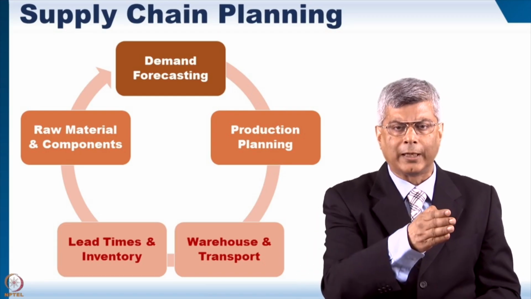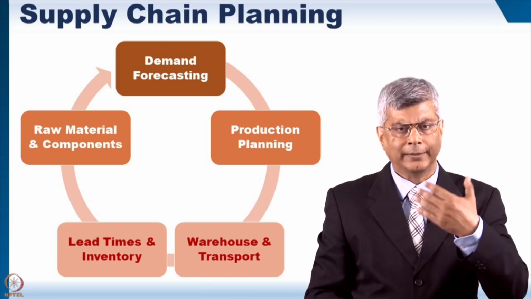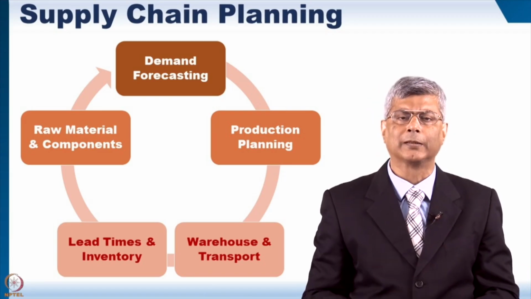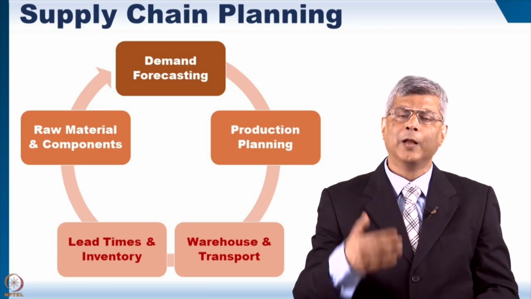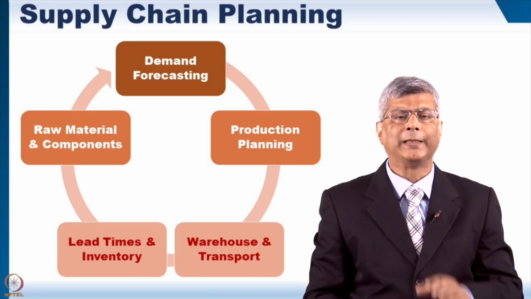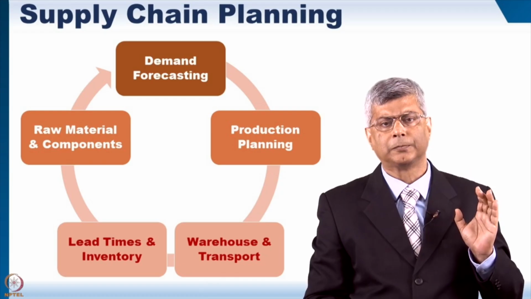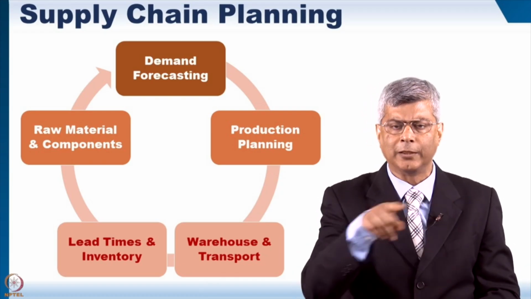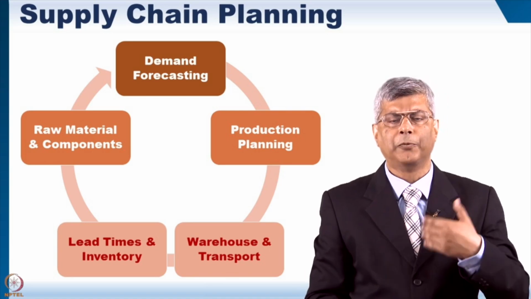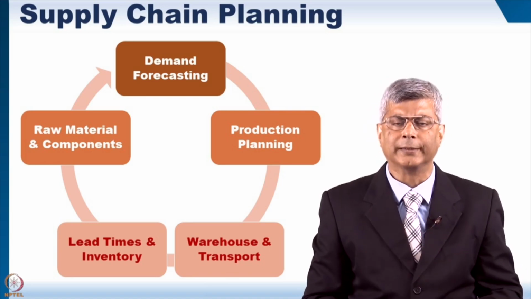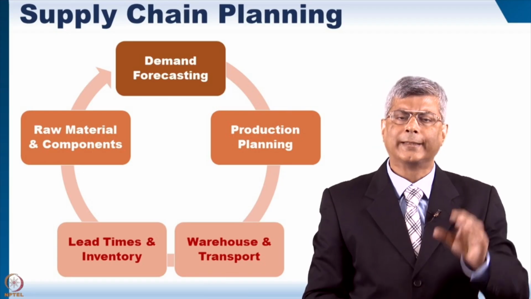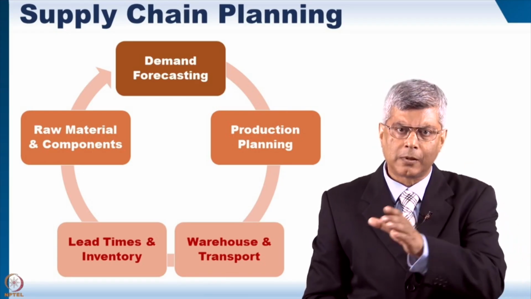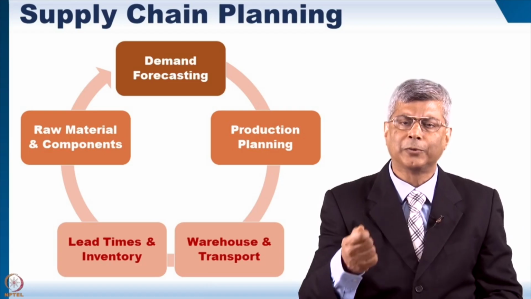So the demand forecast, once it's done, and this is done by the sales people in the company, based on that, the sourcing people will then place orders on the suppliers to procure the raw material and the components. And depending on what kind of supply chain it is, they will order on that basis. At the same time, the production people will start doing the production planning.